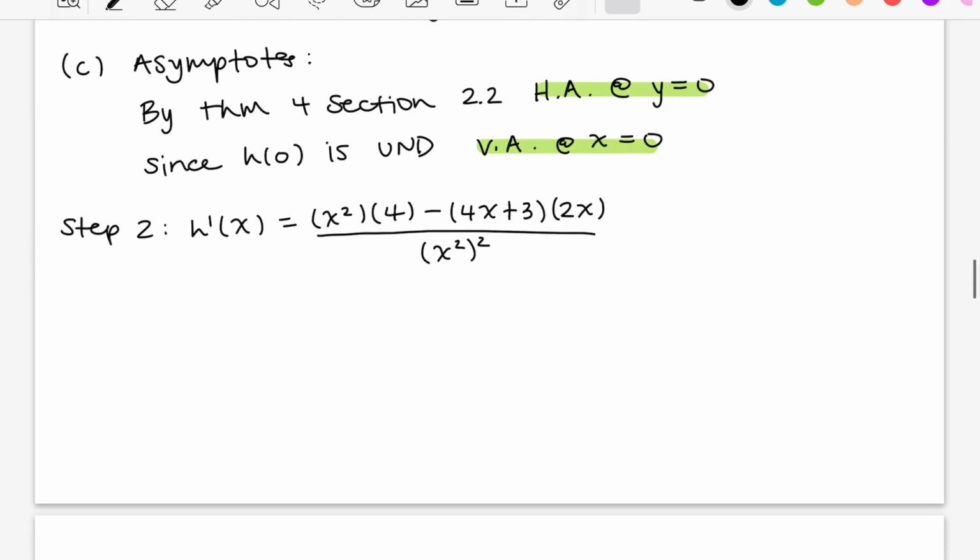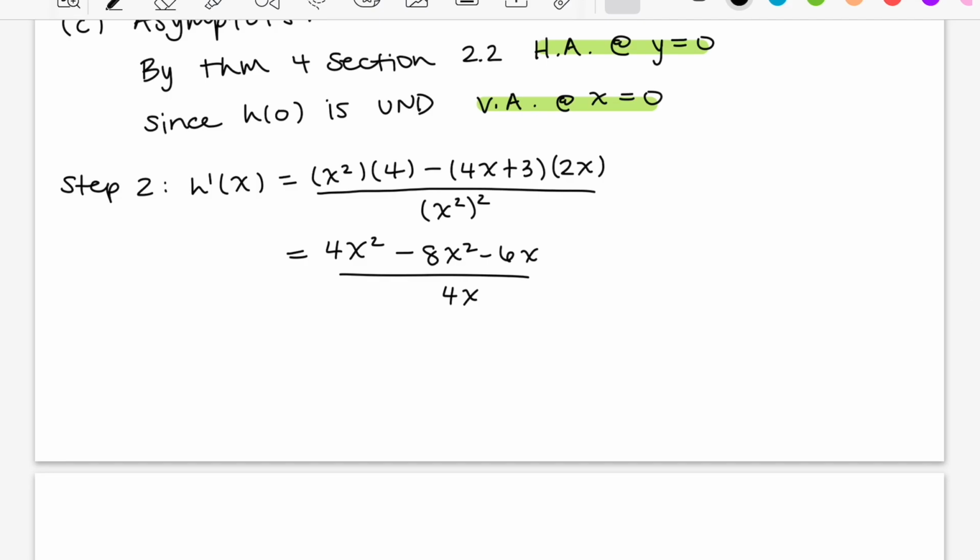Okay. So simplifying this a little bit, multiplying these guys, we'll get that there. So we can combine these terms. So we'll get negative 4x squared minus 6x all over, sorry, this should be x to the power 4.